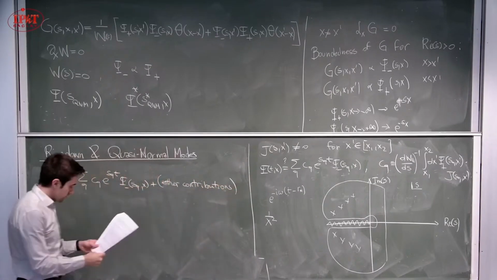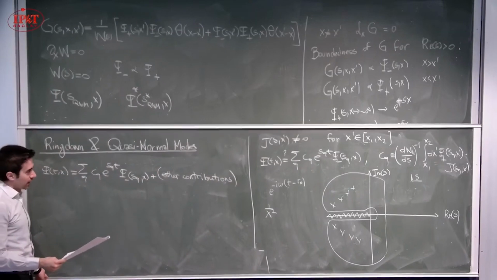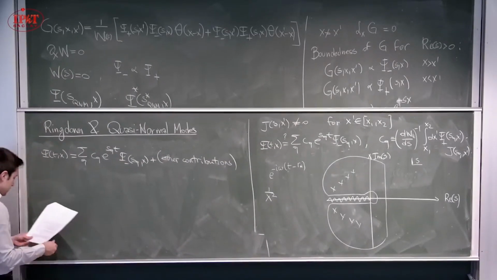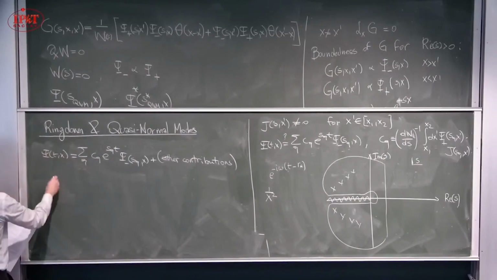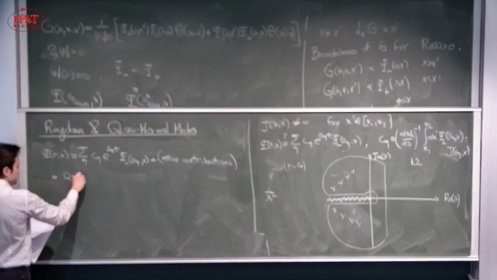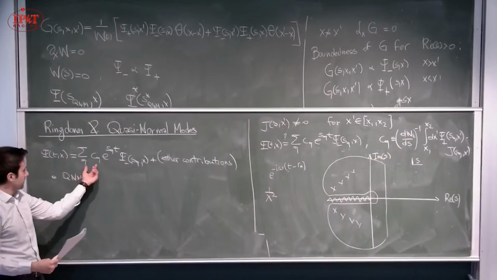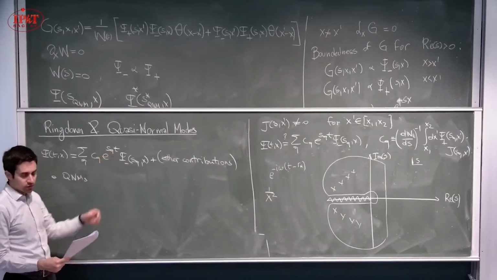These other contributions come in three types. In other words, the solution contains three ingredients. The first one is the quasi-normal modes that we discussed, which can be associated precisely with the values where the Wronskian vanishes.